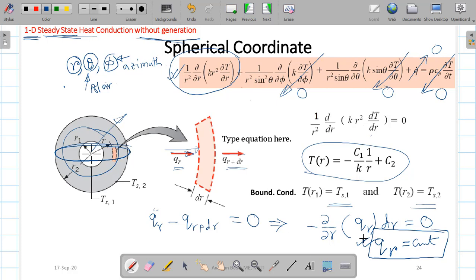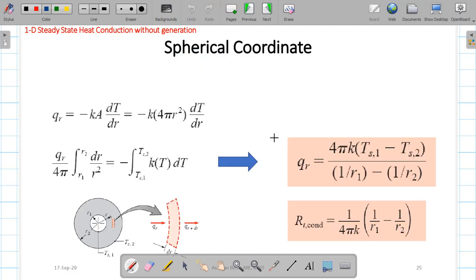So we can use these results, and again we can find the temperature field if you write Fourier's law of heat conduction in case of a spherical coordinate system, as we have already seen.